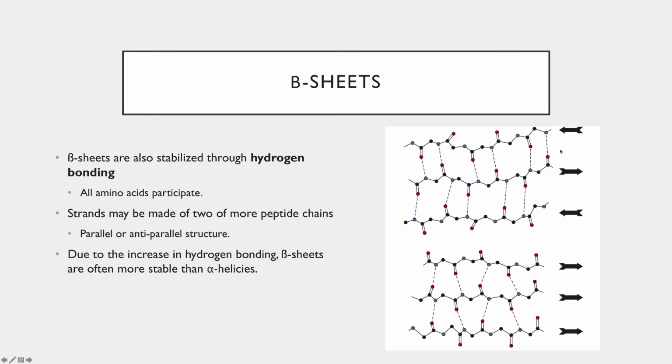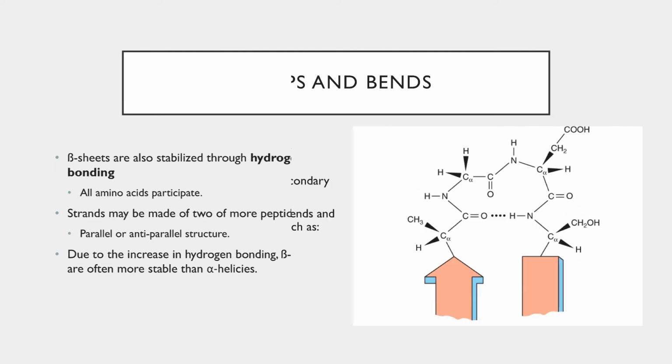This is illustrated here in the top panel. The strands are anti-parallel, meaning they go in opposite directions. Versus in the bottom panel, you have a parallel beta sheet where all strands are running in the same direction. Again, due to the increase in hydrogen bonding, beta sheets are often more stable than alpha helices.